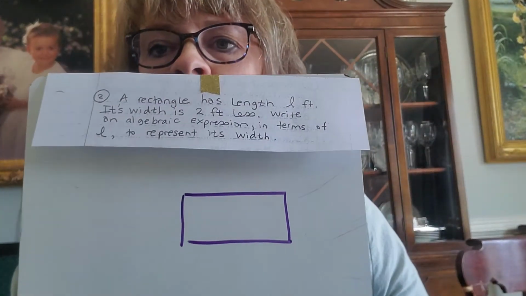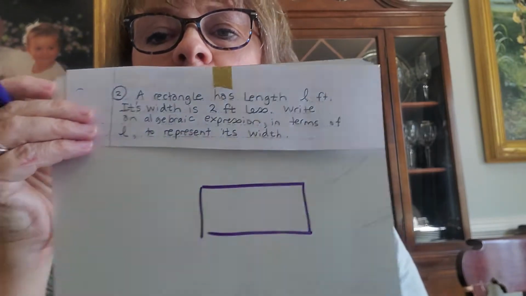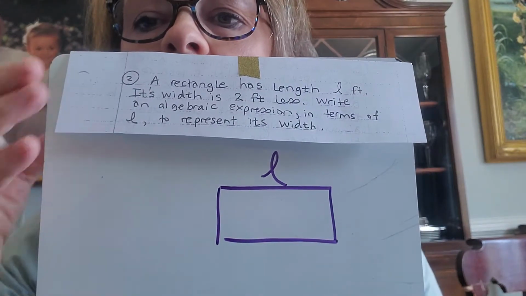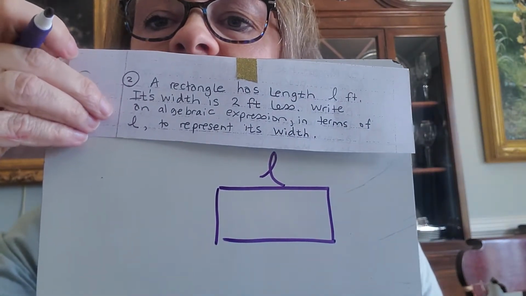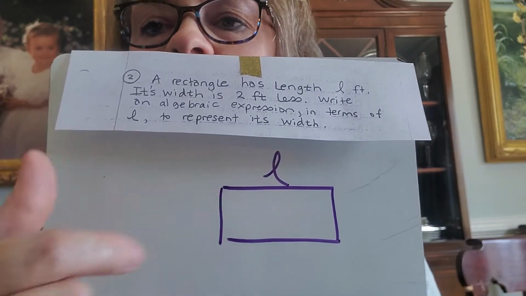So what I'm going to do on this one, anytime they start talking about geometric shapes, I'm going to draw a picture of the geometric shape. So I'm going to draw a rectangle. All right. And it says that the rectangle has length L. Well, I'm going to go ahead and put an L right here. That's how long it is.